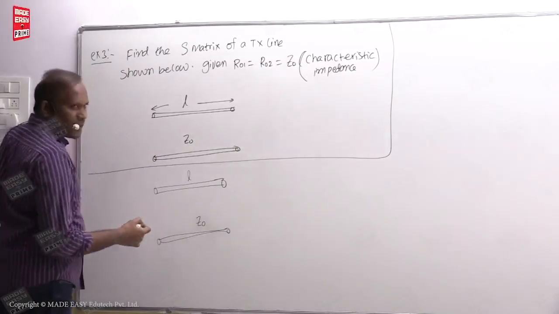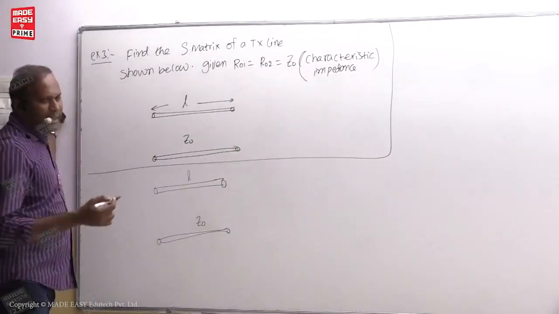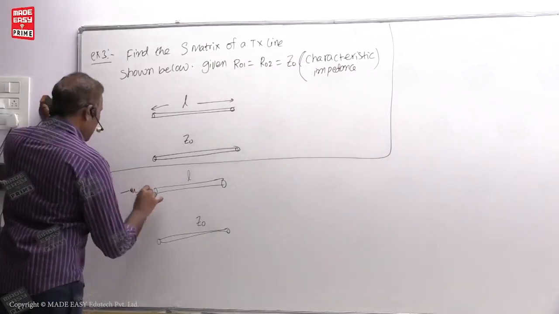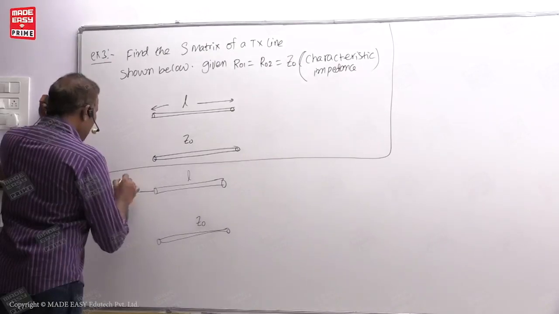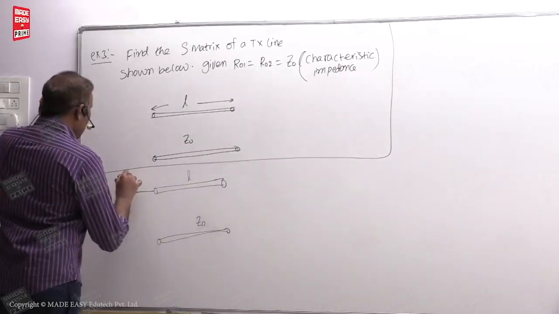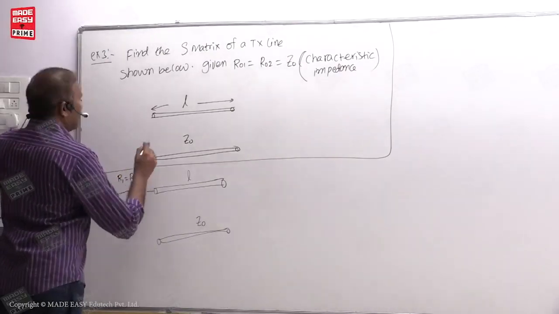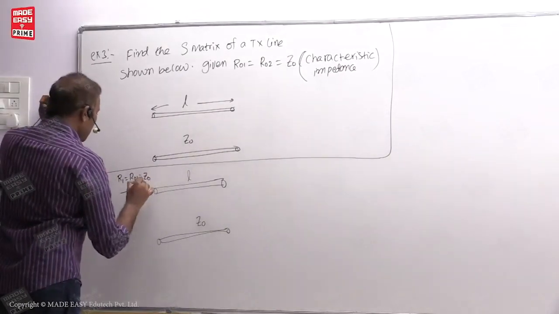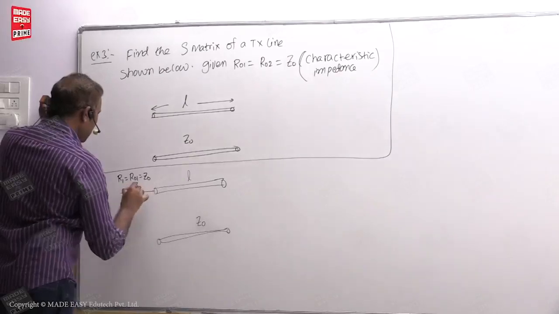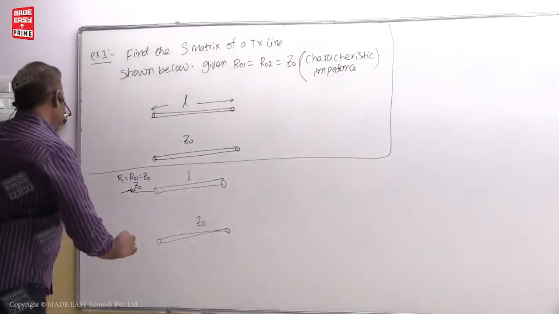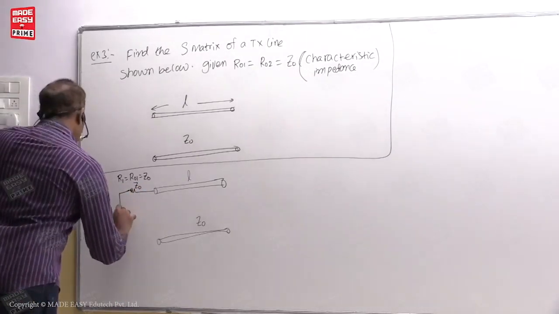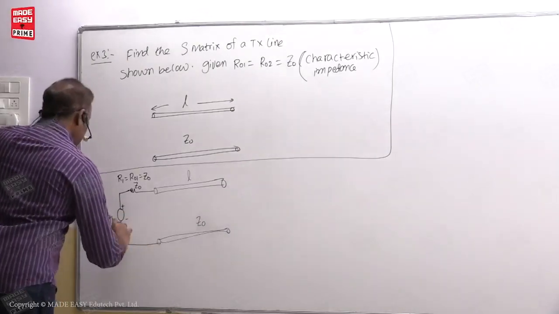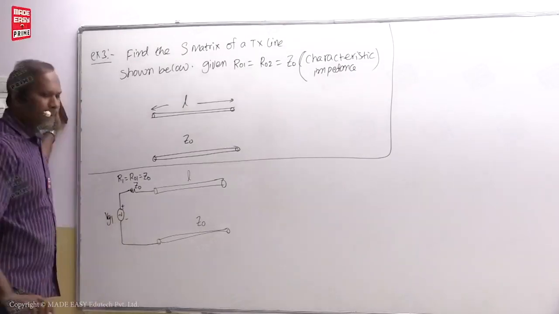Now let us do connections for finding the S parameters. Actually R1 is equal to R01, that is given as Z0. So simply this is Z0, student, Z0. So here Vg1 is there, plus minus Vg1. Okay.